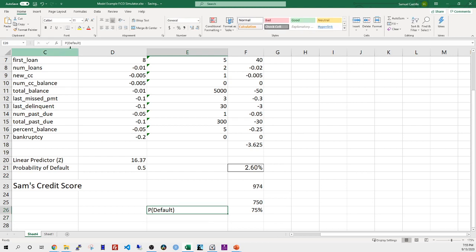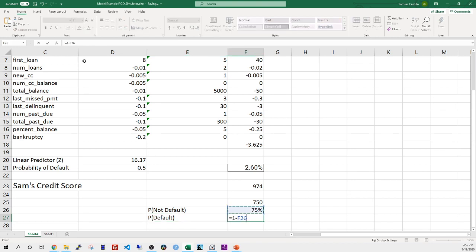Let me rephrase that again. Probability of not default would be 75%. The probability of default would be the complement of that, 1 minus 0.75. Now this is clearly somewhat of a simplification. However, it illustrates an important point, which is that actuaries use real data in order to predict future financial outcomes.